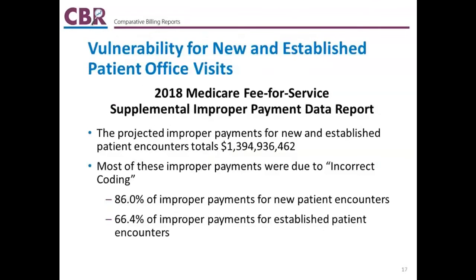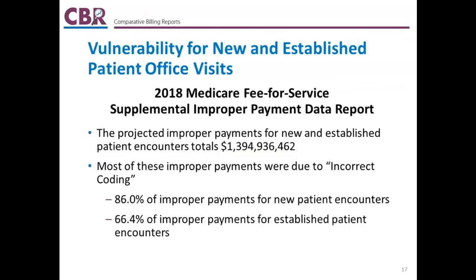The 2018 Medicare Fee-for-Service Supplemental Improper Payment Data Report showed a total of over $1 billion combined projected improper payments for new and established patient office visits. In addition to the projected improper payment amount, this report also tells us the reason for these projected incorrect payments.